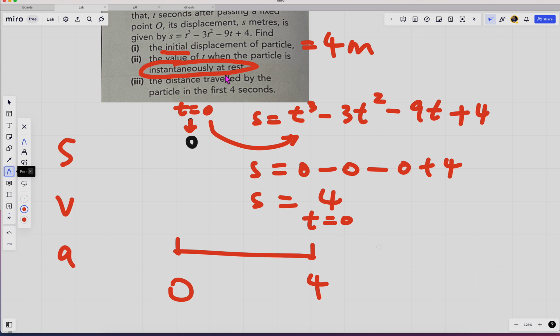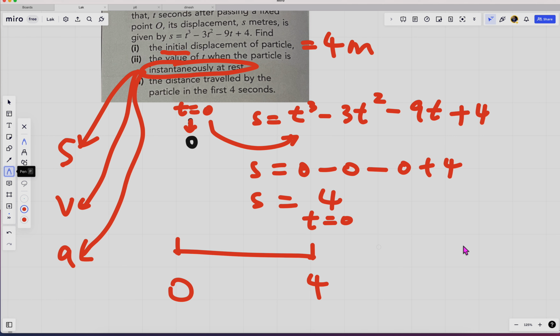So for instantaneously at rest, which one should you use? Think about physics.